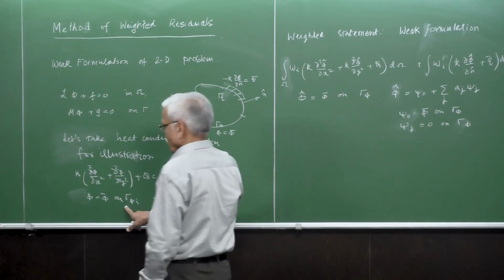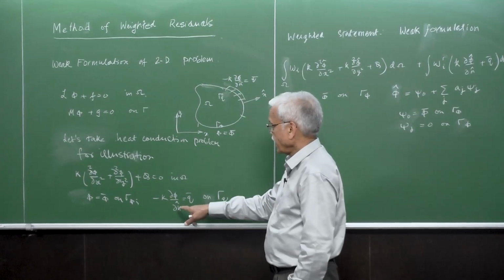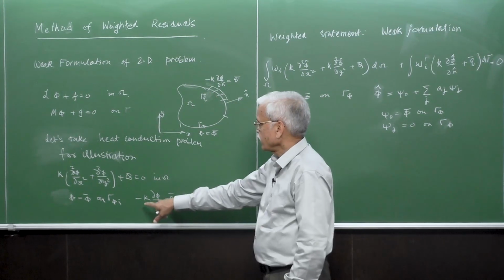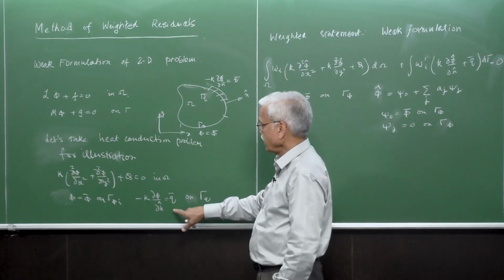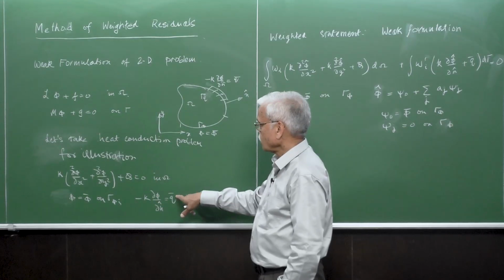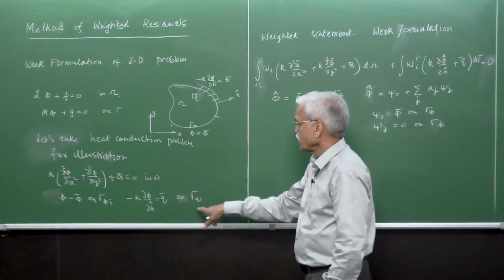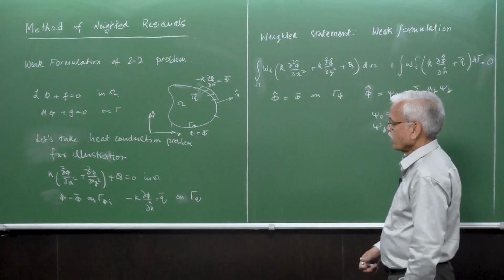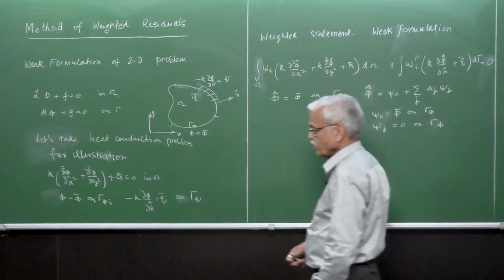We call it gamma phi boundary. On the other hand, there is another part of the boundary where the flux, that is the heat leaving the boundary, is defined as Q bar, on gamma Q.